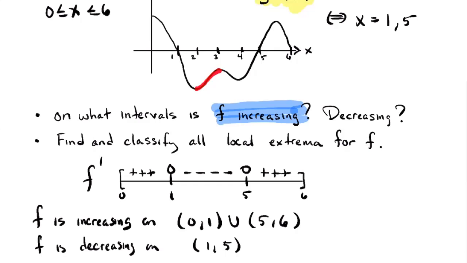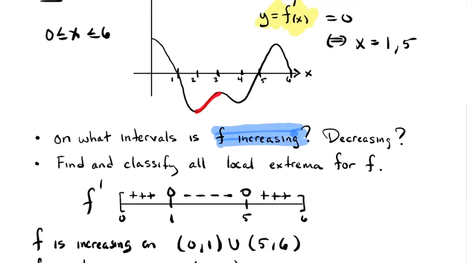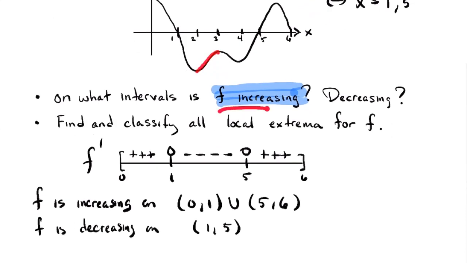Those y coordinates are getting bigger from 2 to 3, but those y coordinates are not on the graph of f. They're on the graph of f prime. So f prime is increasing from 2 to 3. Yes, it's true, but I was asking questions about f, okay? So very good. I hope that's helpful for you, and thanks for listening.